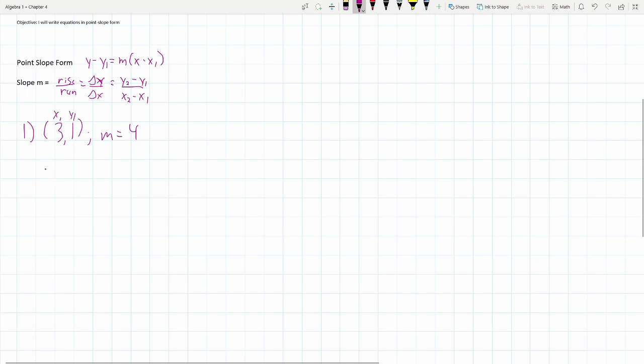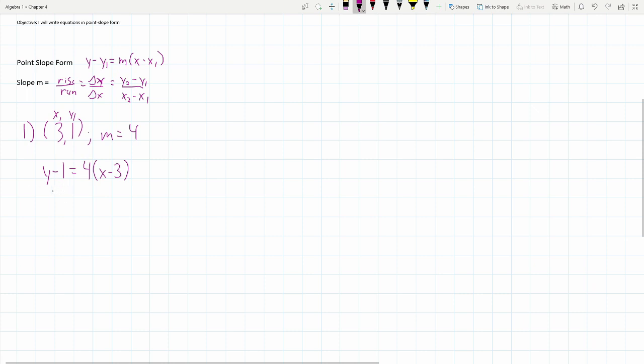And now it's just a matter of plugging everything in. So I go y minus y1, which is 1, equals my m, which is 4, then parentheses, x minus my x1, which is 3. And this can be considered completed.